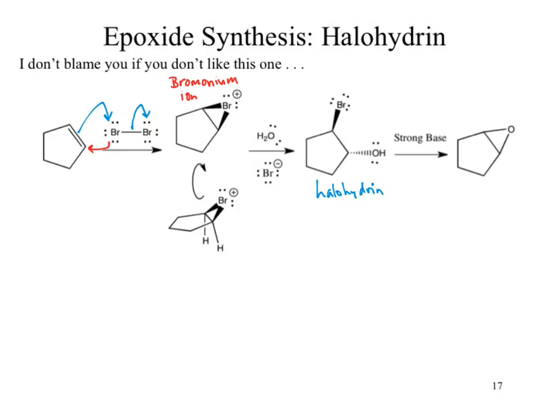We don't see it. That necessarily means that we have some weird intermediate like this that prevents the cis product from forming. Okay, so we have to see that trans product form. So again, we run into this issue. Well, how did we know this happened? We know this happens because we went into the lab and we saw that it happened. Now we have to come up with an explanation for why it happened. Okay?